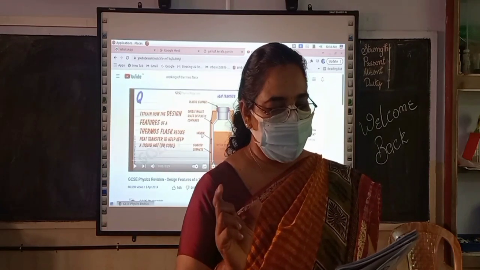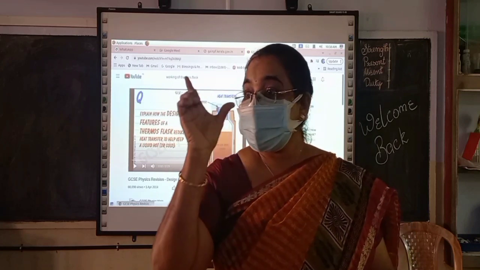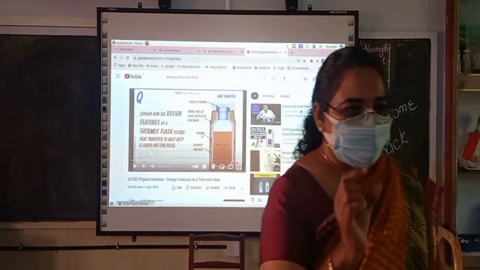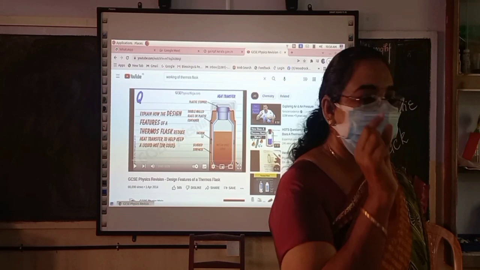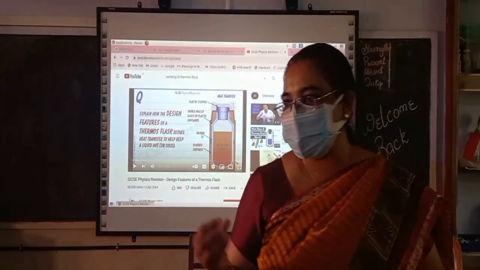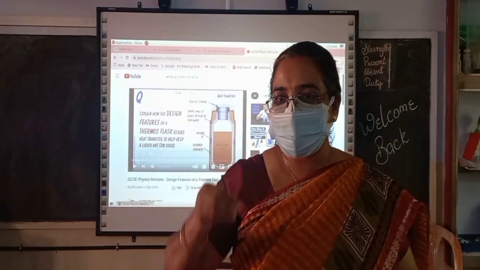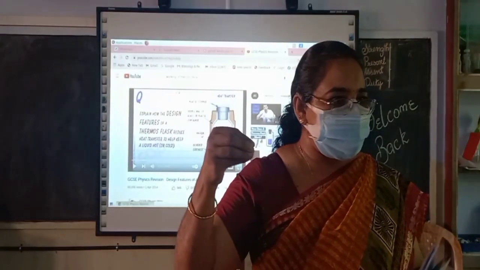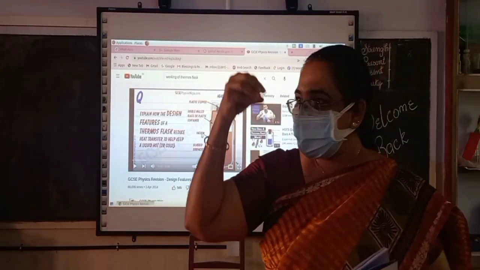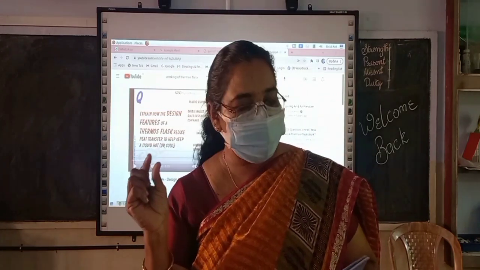Inside, the flask is made up of a glass vessel, isn't it? And the glass is double coated. That means two layers of glass are there. In between these two layers there is vacuum. That day in the last lesson we learned what is vacuum, isn't it? There is no air nor liquid. That space is called vacuum because inside there is nothing. So there is vacuum between the two layers of glass.